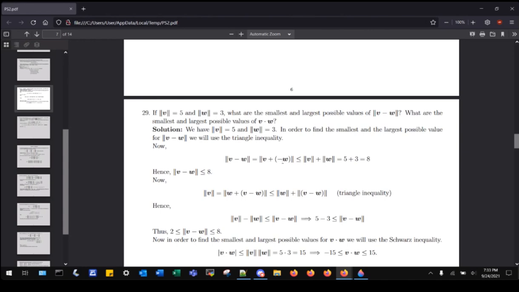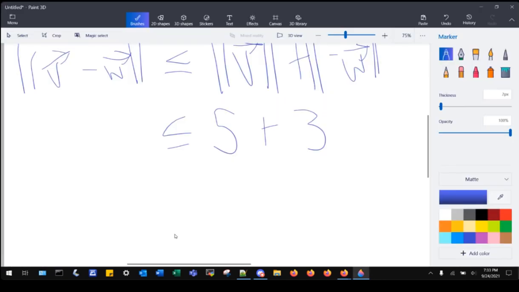Maximum is 8. Minimum has to be 2, right? So it's between 2 and 8.